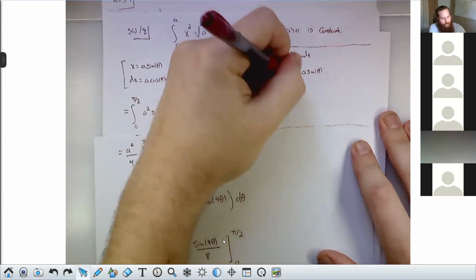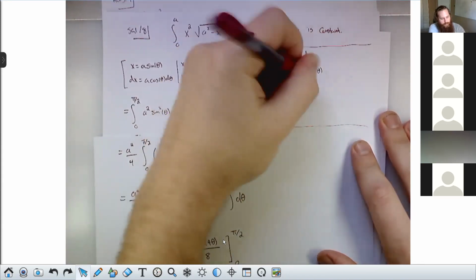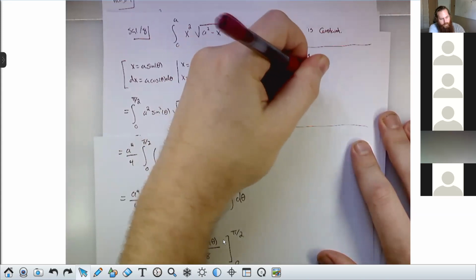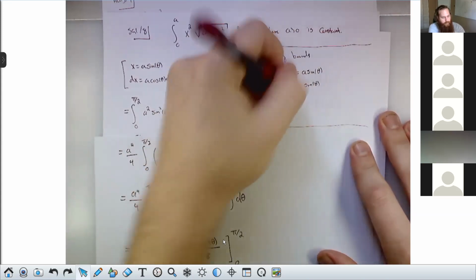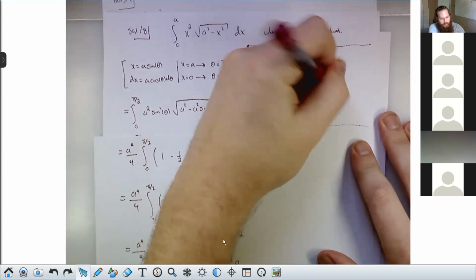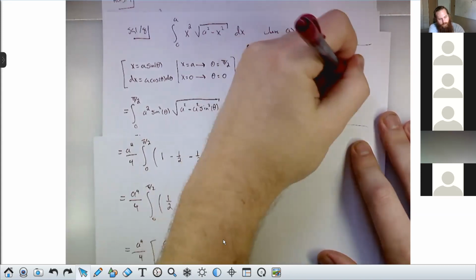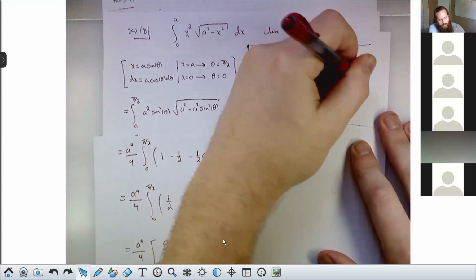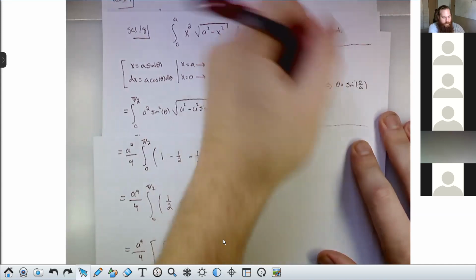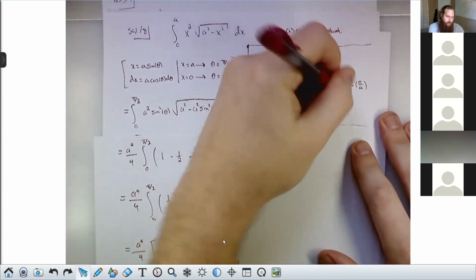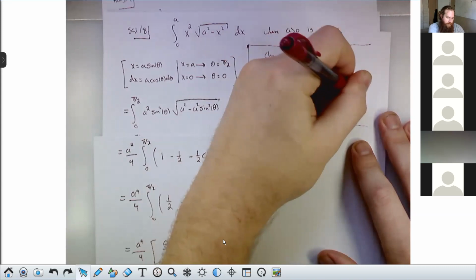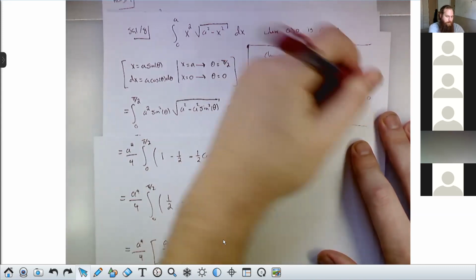So 0 over a is sine theta, which means that theta is the inverse sine of 0 over a. But 0 over a is 0. That's the inverse sine of 0, which is 0.